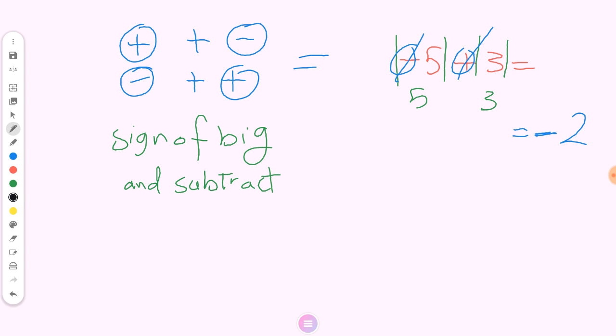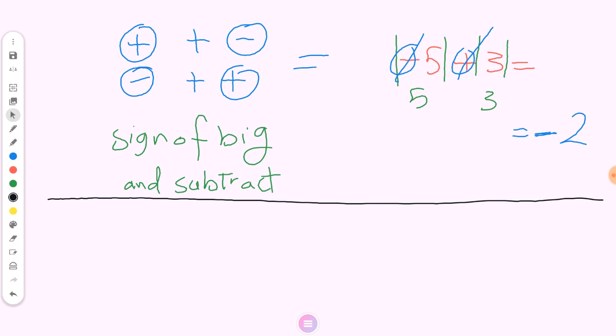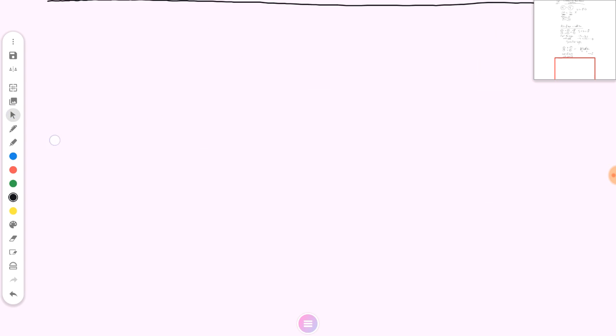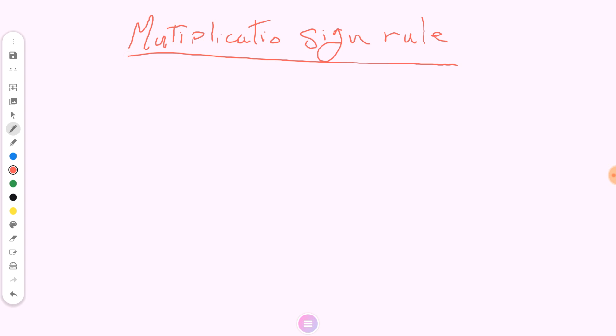Okay, what about the sign rule in case of multiplication? Also, I have two ways.